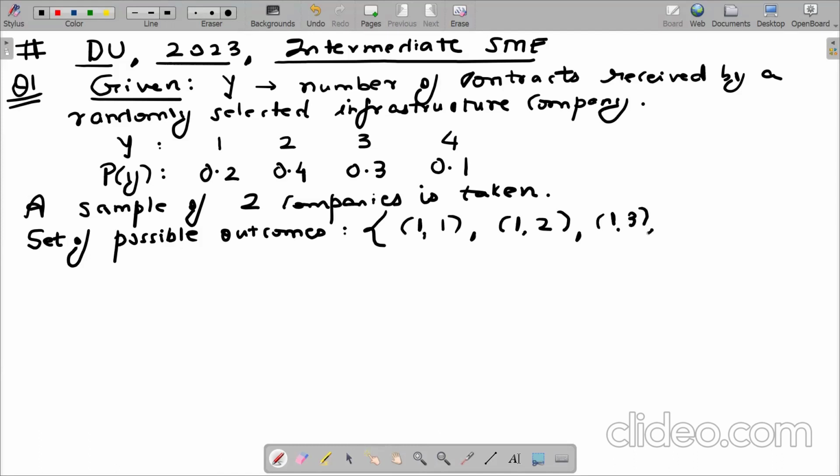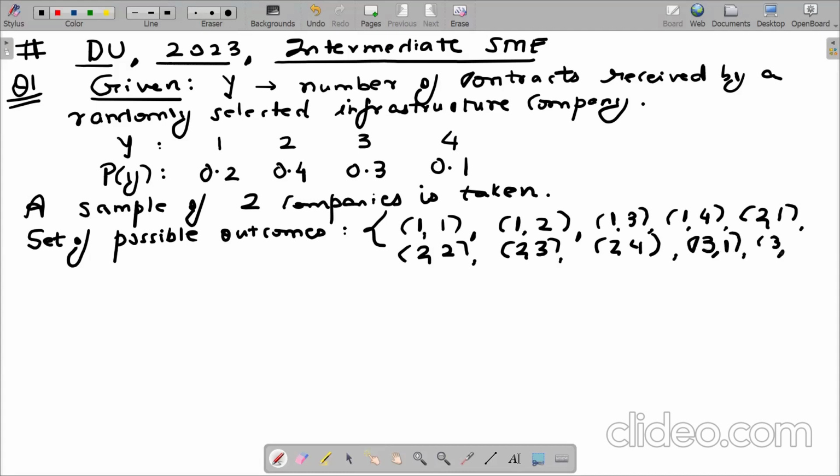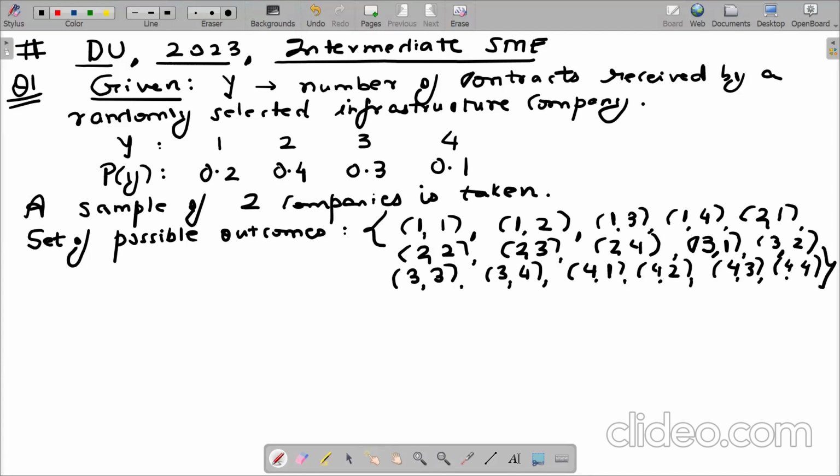Similarly, 1, 3, 1, 4, 2, 1, 2, 2, 2, 3, 2, 4. 2, 4 would mean that the first company receives 2 contracts and the second receives 4 contracts. Similarly, 3, 1, 3, 2, 3, 3, 3, 4, and then 4, 1, 4, 2, 4, 3, 4, 4. These are the possible outcomes for the two companies.